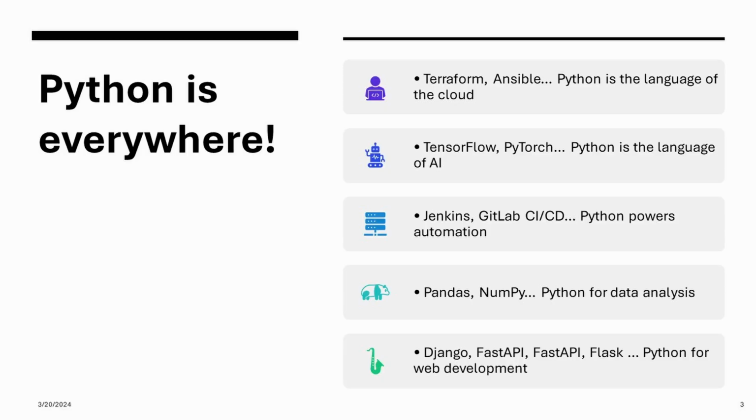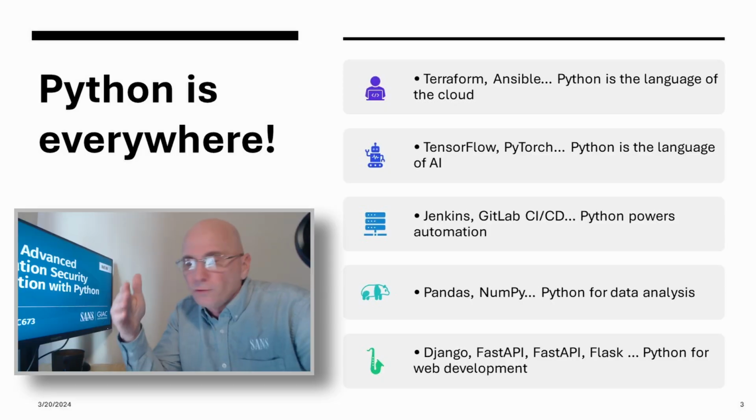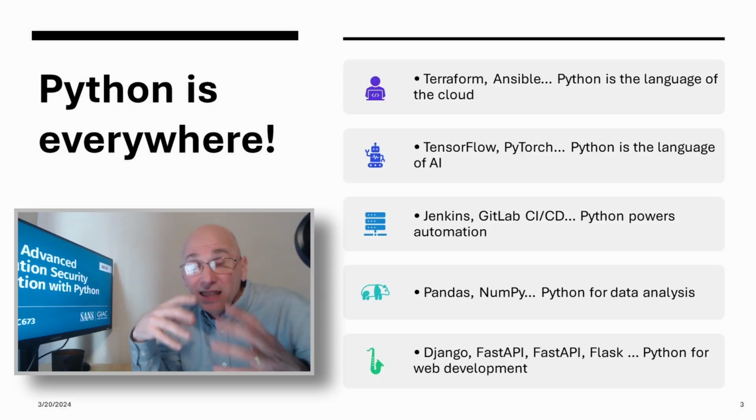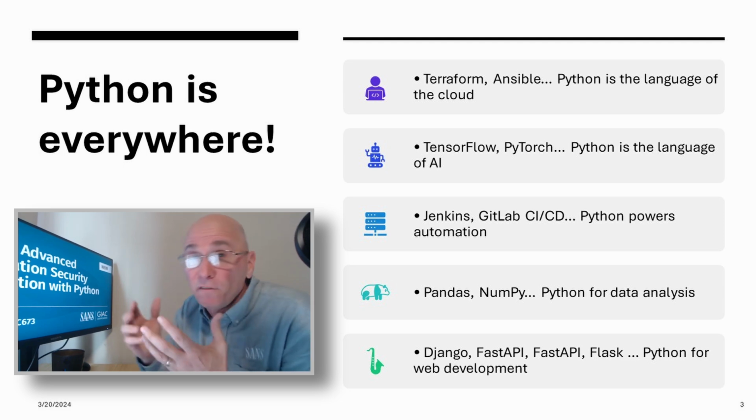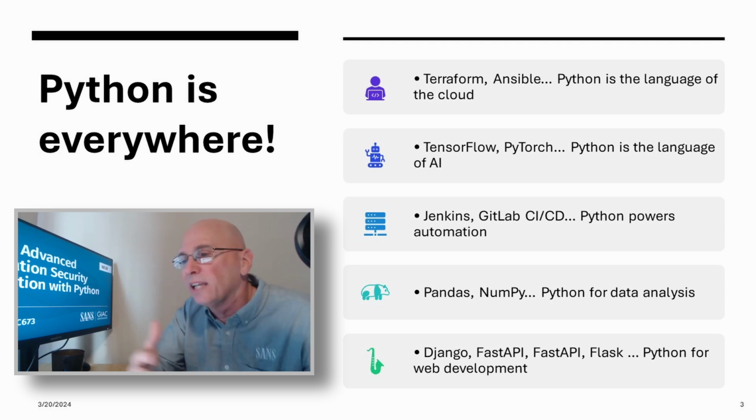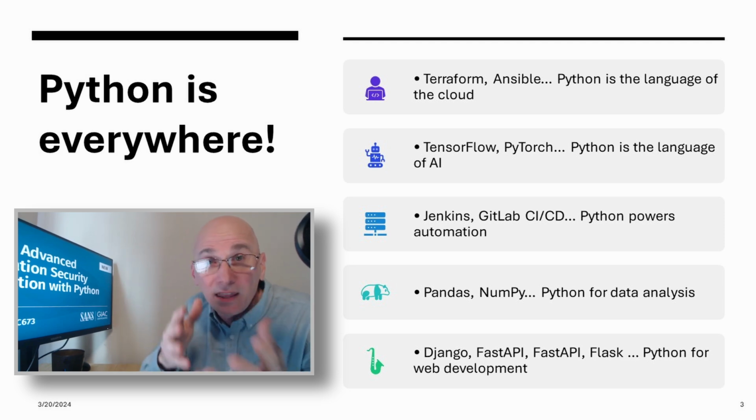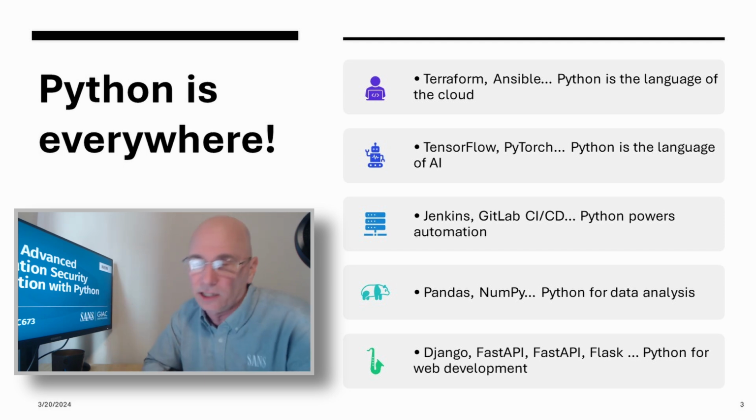One of the reasons we see Python everywhere is because it's the language that's being used to innovate many of the things that we see revolutionizing industries today. Terraform, Ansible: Python is the language of the cloud. TensorFlow, PyTorch, right? Python is the language of artificial intelligence. Jenkins, CI/CD pipelines: Python powers the automation processes.